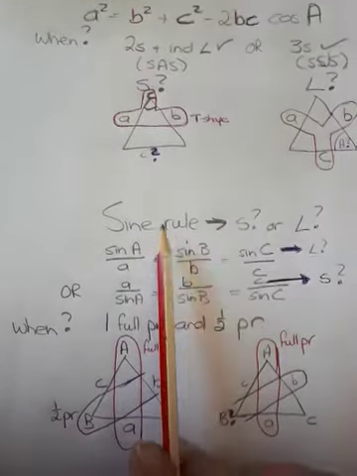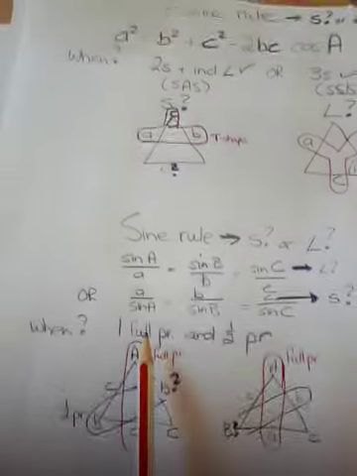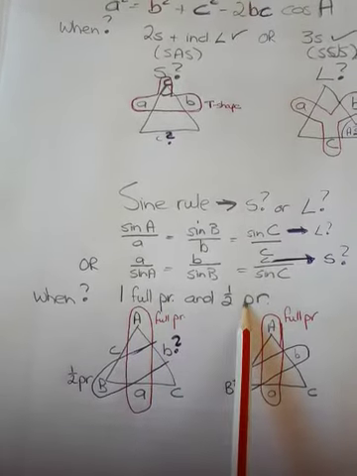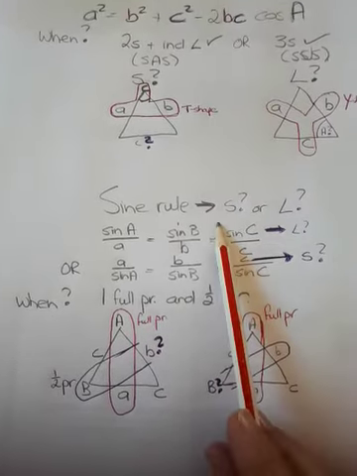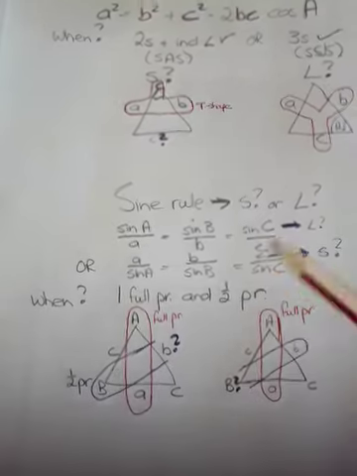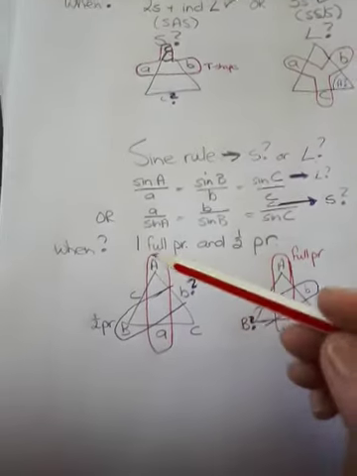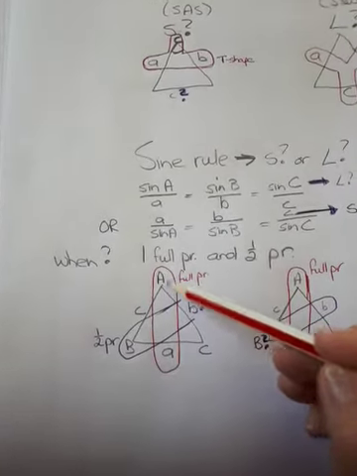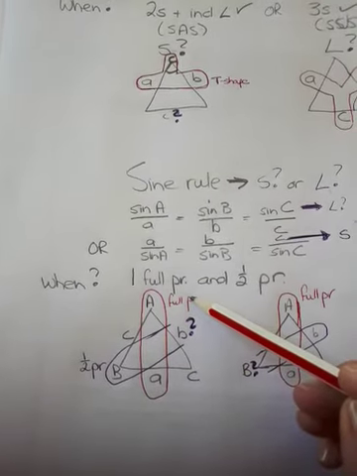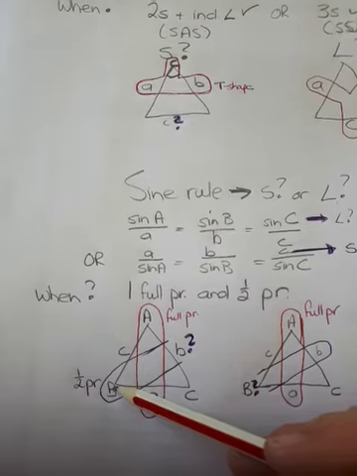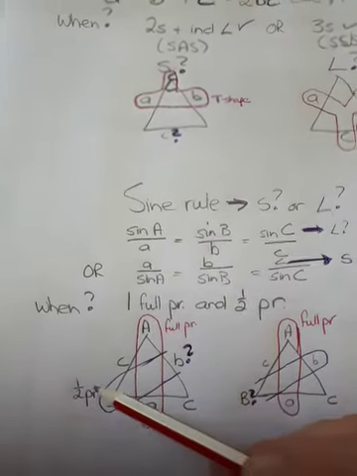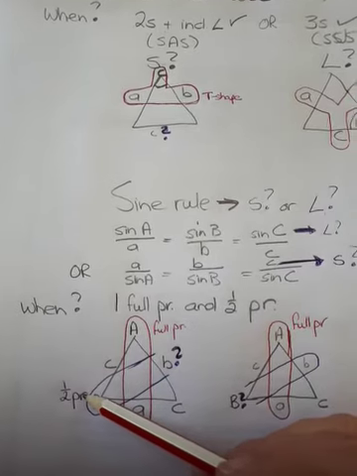The sine rule is used when we have one full pair and a half pair, and then either the side or the angle is being asked. Okay, what do we mean by the full pair or the half pair? Look here, angle A and side A is given. That represents the full pair. Then in this case, angle B is given, but side B is being asked. So that gives me only half a pair.